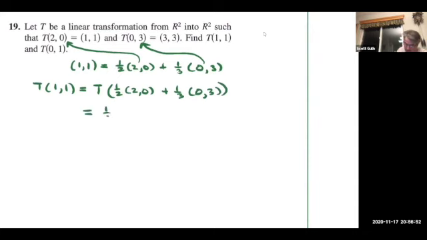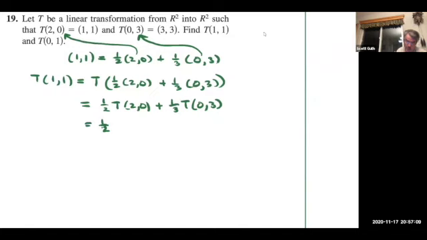So you can say this is a half t of 2, 0 plus a third t of 0, 3. And see, these we know all about. So this is a half. T of 2, 0 is 1, 1. And a third, t of 0, 3 is 3, 3.